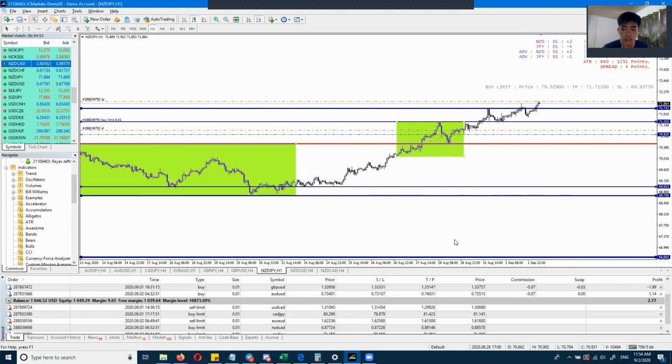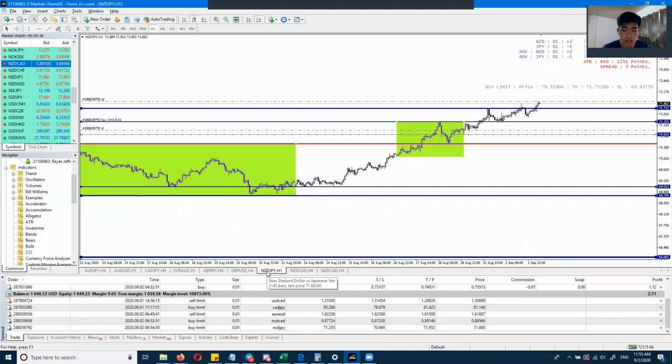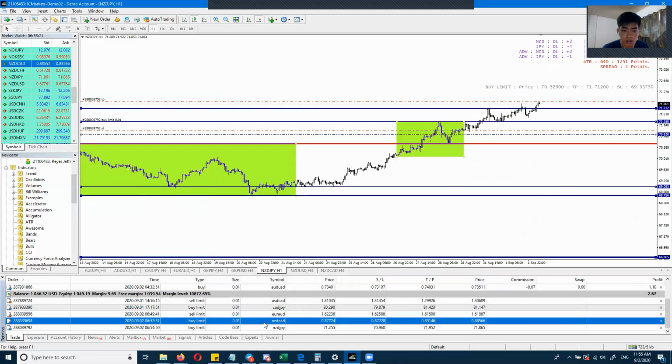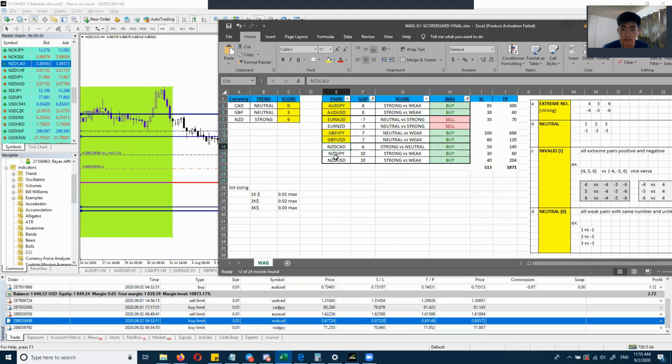So yan, then that is a 30 by 60 sa NZD-JPY. So that is 30 by 60. NZD CAD. Tingnan natin. NZD-JPY, so tapos na rin tayo.